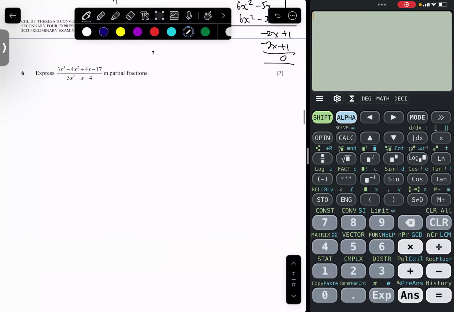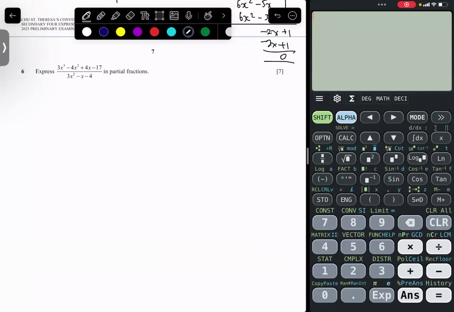Question 6. Express this in partial fractions. First thing first, let's look at the degree. This is x cubed, this is x squared. So that means I need to do long division, right? Again, so two long divisions in one. So I have 3x cubed minus 4x squared plus 4x minus 17 divided by 3x squared minus x minus 4.